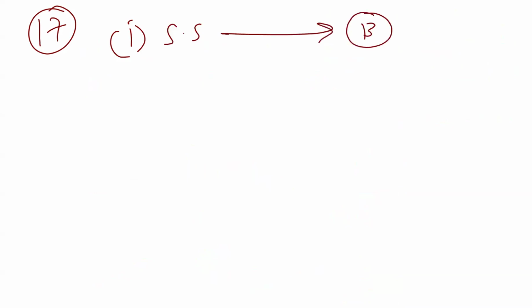Now question number 17, sub question 1 is self-study. It is exactly similar to question number 13. Is it similar? Can you read and tell me? Decrease in the slant height of the water, question number 17, sub question 1.